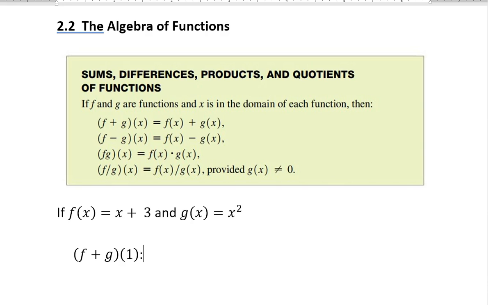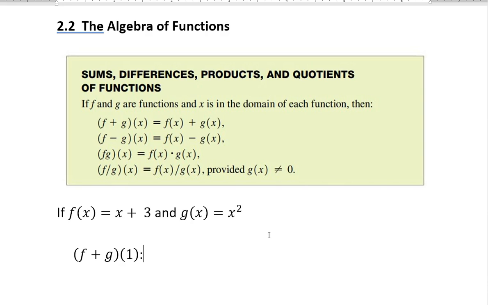The only one that's really particular is this g of x in the denominator cannot be 0. We know that we can't divide by 0, and that's one of those ones where it's always going to be. So if we're given these functions, let's go ahead and see what happens when we add those together.